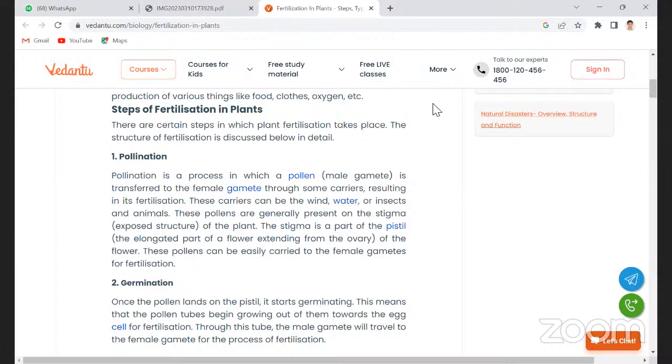The pollen tube grows down through the stigma and style and reaches the embryo sac of the ovule in the ovary.